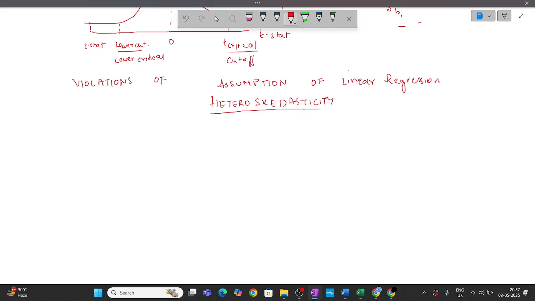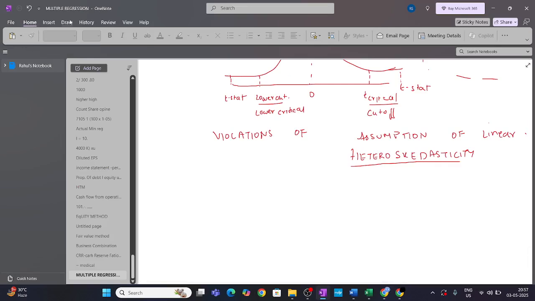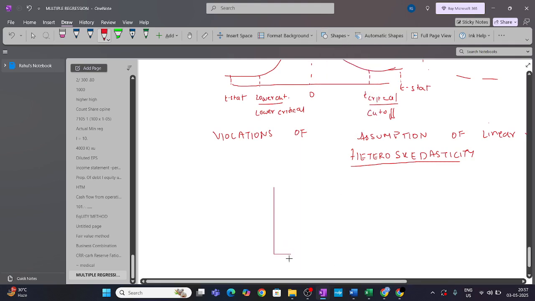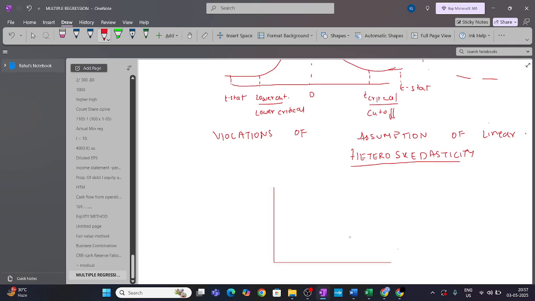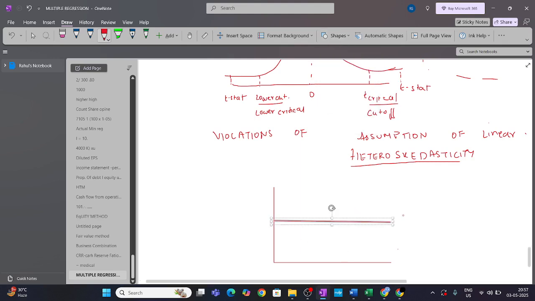Okay, now guys, one of the assumptions of regression is that the variance of the error terms should be constant, right? So if I plot the residual plot, so this is my residual plot.